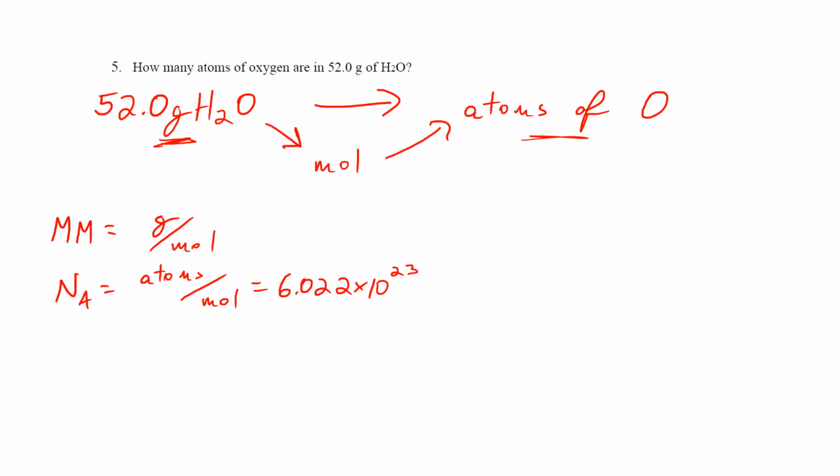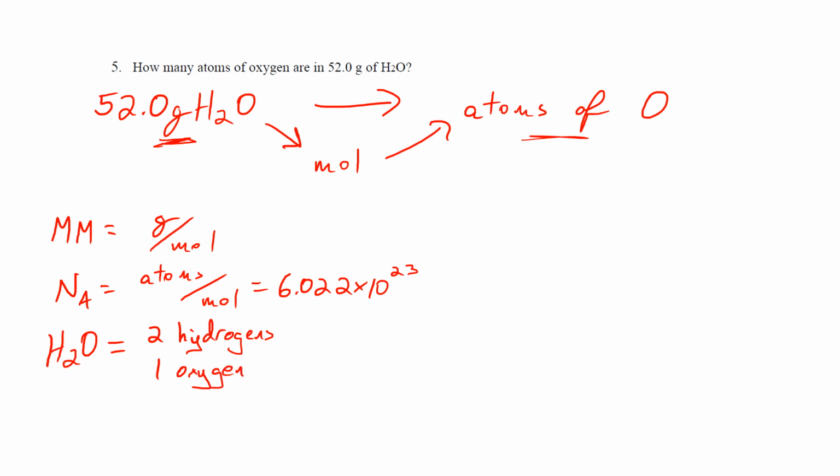I can do this. Now, there's one other issue here, and that is we're changing species. So I need to realize that when I have H2O, that means I have 2 hydrogens and 1 oxygen.